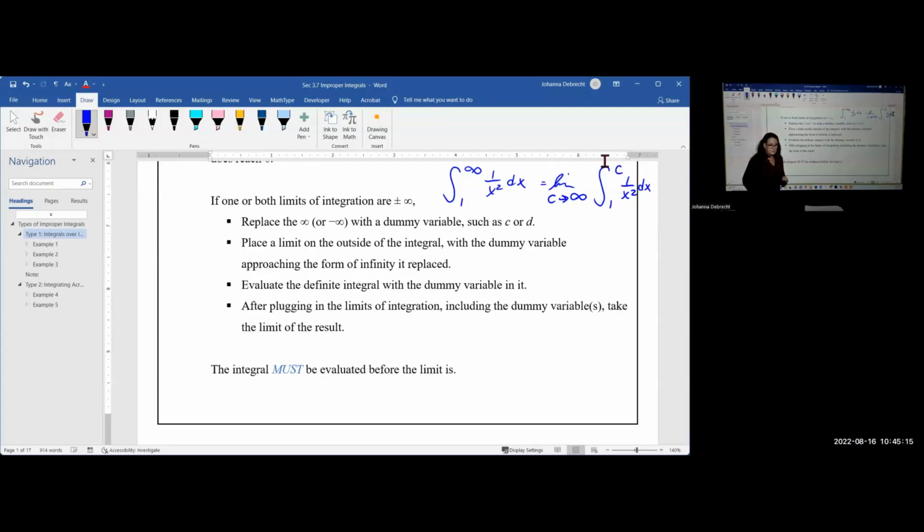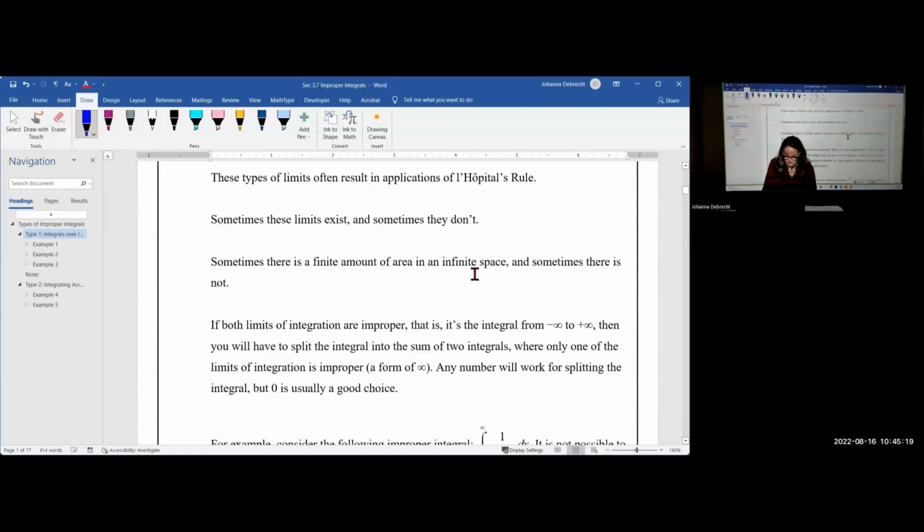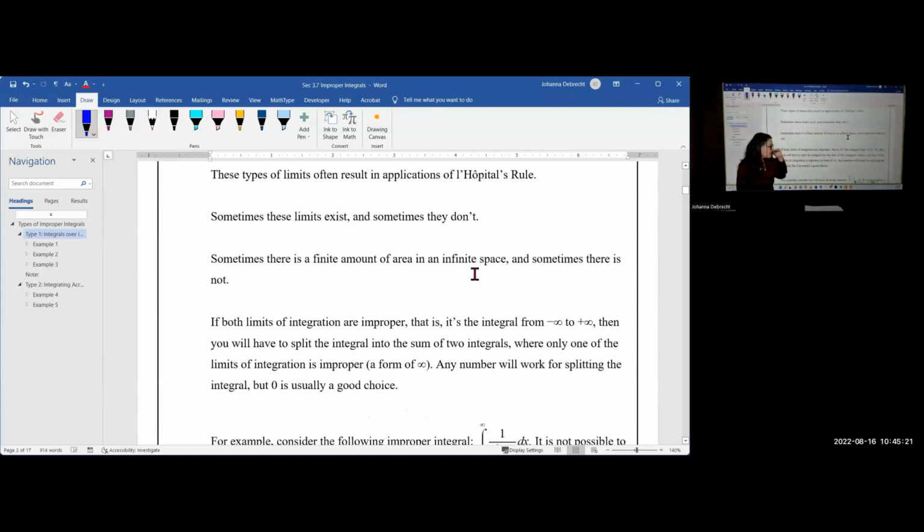Okay, let's now move on and take a look at some more things that may come up while we're doing these. These types of limits very commonly will involve applications of L'Hopital's rule. Don't be surprised to see L'Hopital's rule creeping in here. After all, you're taking the limit of something, so don't be surprised. Limits, again, being the most powerful of the three constructs in calculus.